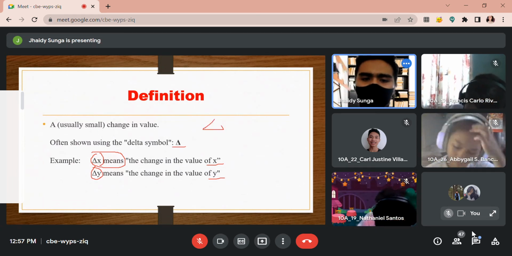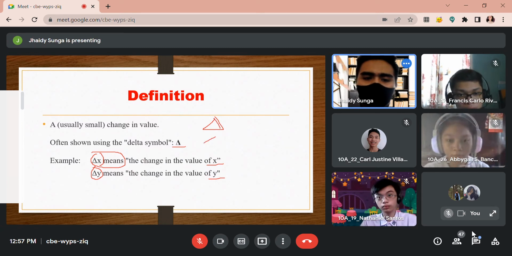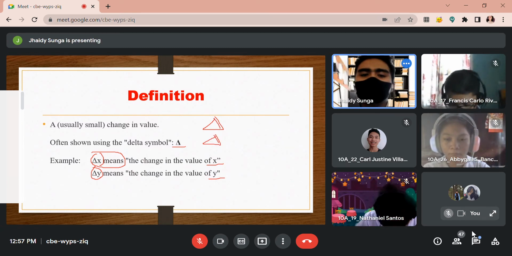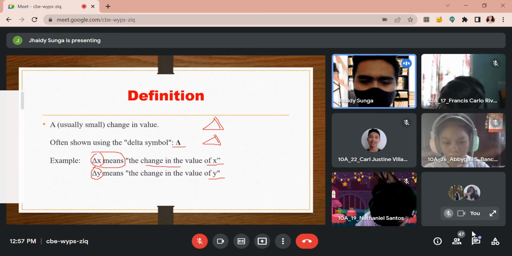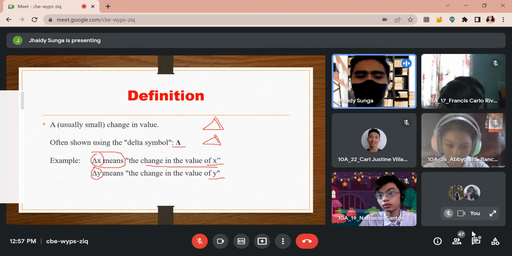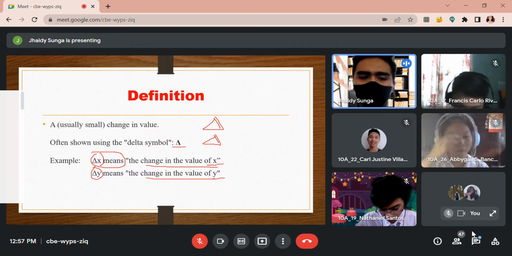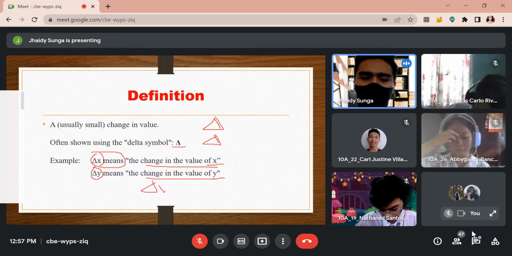When we see this triangle symbol, we call it delta. So what is delta? It is only the change in the value of x or the change in the value of y. For example, delta x is the change in the value of x.